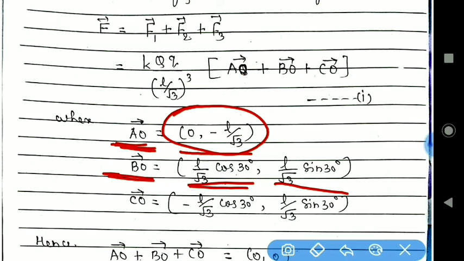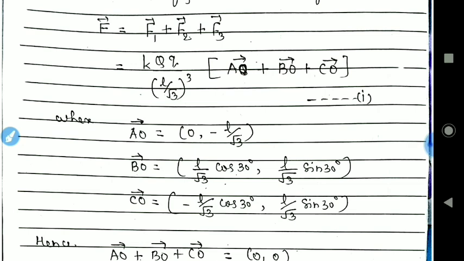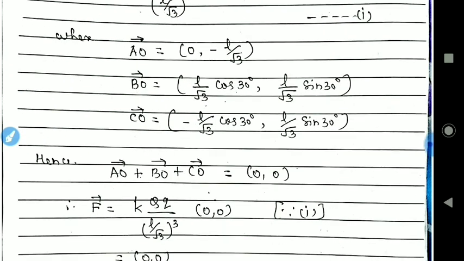The first will be the X component and the second will be the Y component. Similarly, for CO you will get these components. Now putting these vectors AO, BO and CO here, if you add by using simple mathematics, you will find their addition as 0, 0.